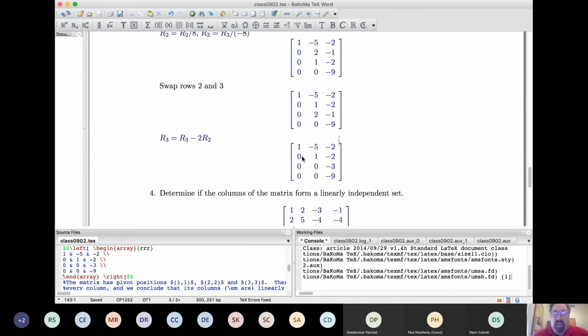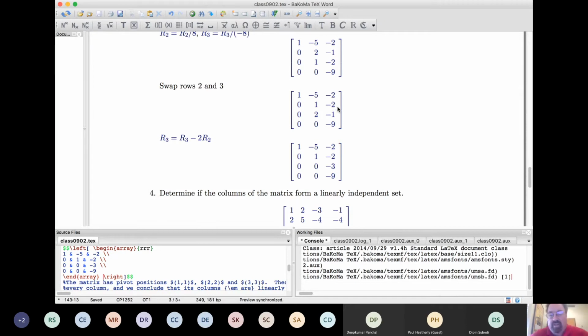Now, you could go further to get a proper echelon form. That would involve taking a multiple of the third row to subtract from the last row, and you get a row of zeros down here. But as far as addressing the original question, do the columns of this matrix form a linearly independent set?